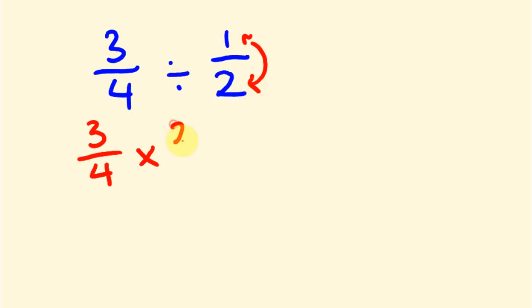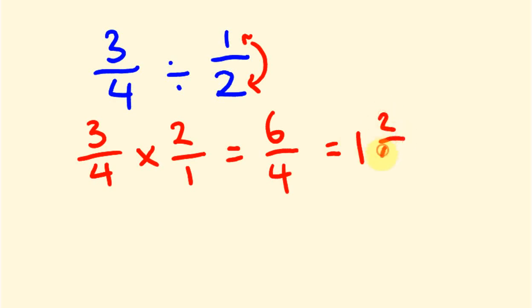So 2 goes up here, 1 goes down here, and we multiply them out. 3 times 2 is 6, 4 times 1 is 4, 6 divided by 4 equals 1, and there's 2 left over, 2 over 4. We can actually see that there's a number that goes into both the 2 and the 4 here. So we get 1, and 2 goes into this once, and 2 goes into this 4 twice. So the answer is 1.5.